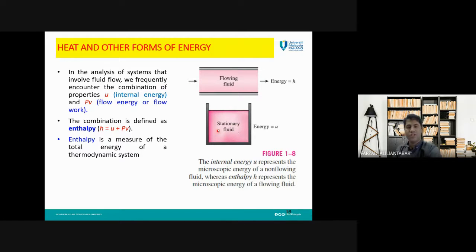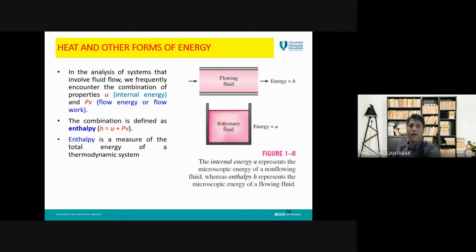For a stationary fluid, usually the energy which we have is internal energy, U. And for a fluid which is flowing, we have enthalpy, because we have energy coming into the system or going out from the system due to this heat transfer.